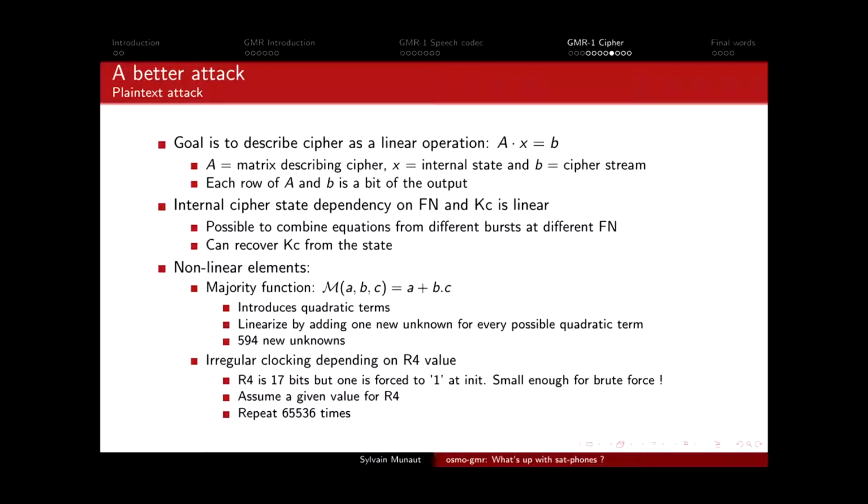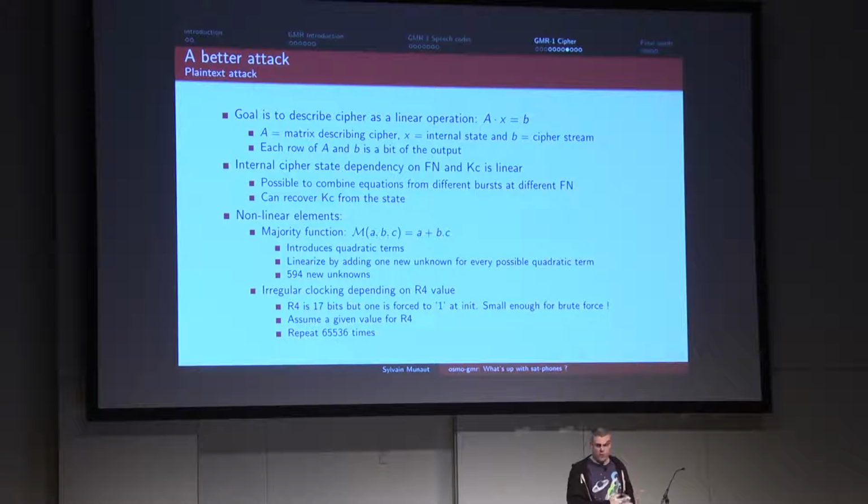X is some representation of the internal state of the cipher that you're trying to find. And A is a giant matrix that you can pre-compute that's only dependent on the structure of the cipher, essentially. Each row of A and B basically represents 1 bit of the output and how to combine that internal state to generate that cipher stream bit.